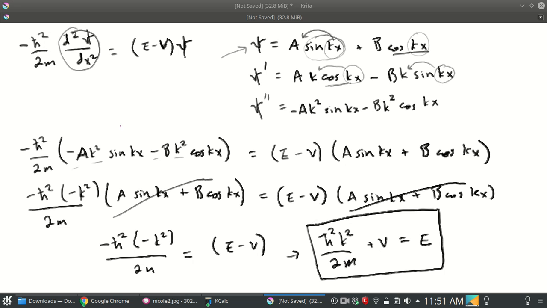Well, we haven't been given any information about the potential energy's dependence on x, so it's safe to assume that the potential energy itself is constant. So since all these are scalars, no vectors, no functions, and we got these scalars by plugging this psi into the Schrodinger equation, that means that psi is a solution to this Schrodinger equation.